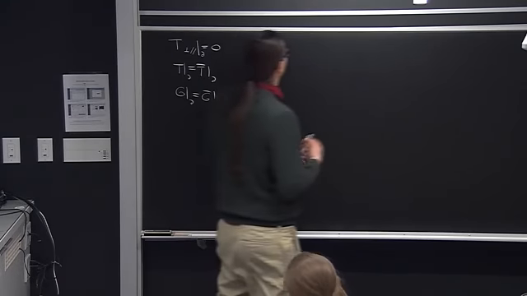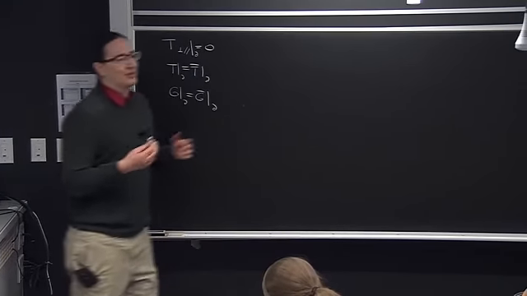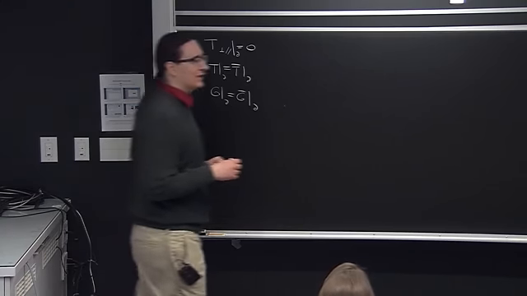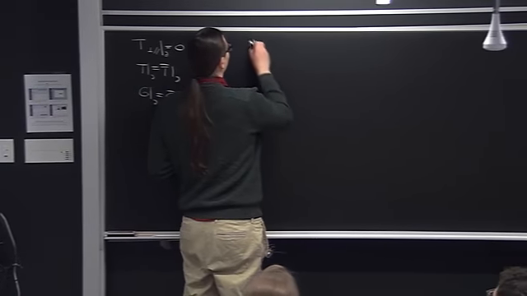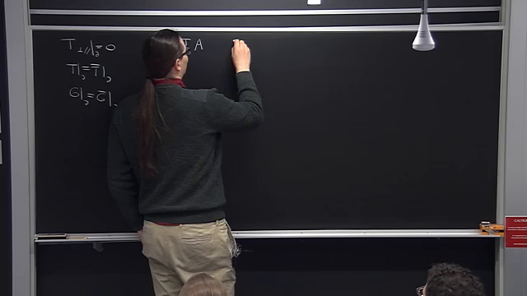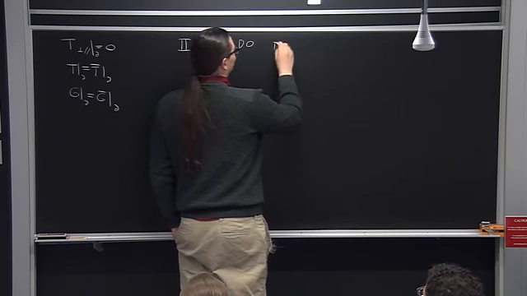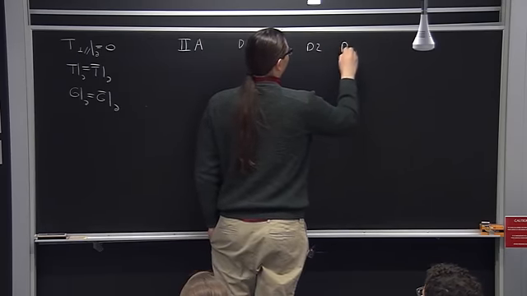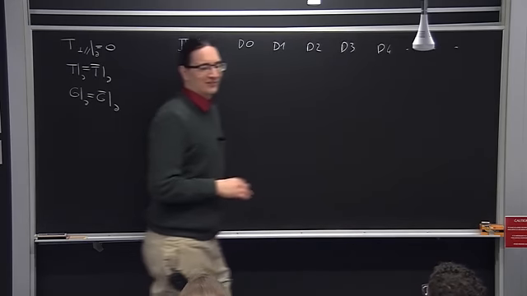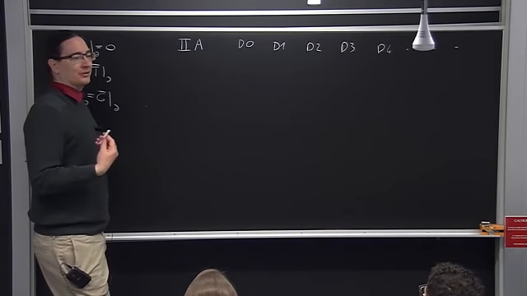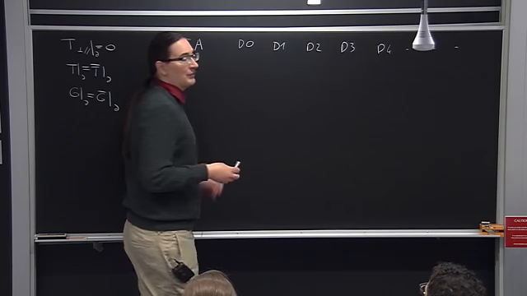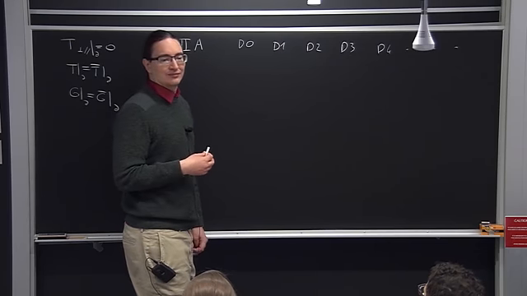Now, the specific details of the GSO projection will have funny consequences. For example, in type 2A, while in principle you can define a D0 brane, D1 brane, D2 brane, D3 brane, D4, and so on, when you look at the worldvolume theory of these D branes, you find that some of them have open string tachyons.